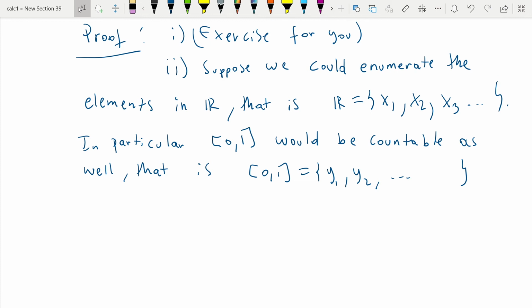This is an exercise for you, but so we know that then 0, 1 is countable.